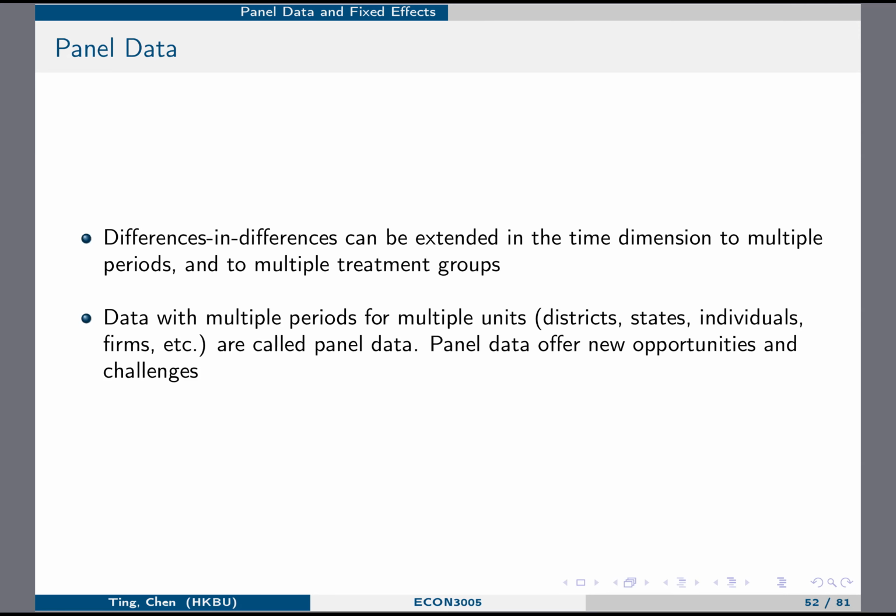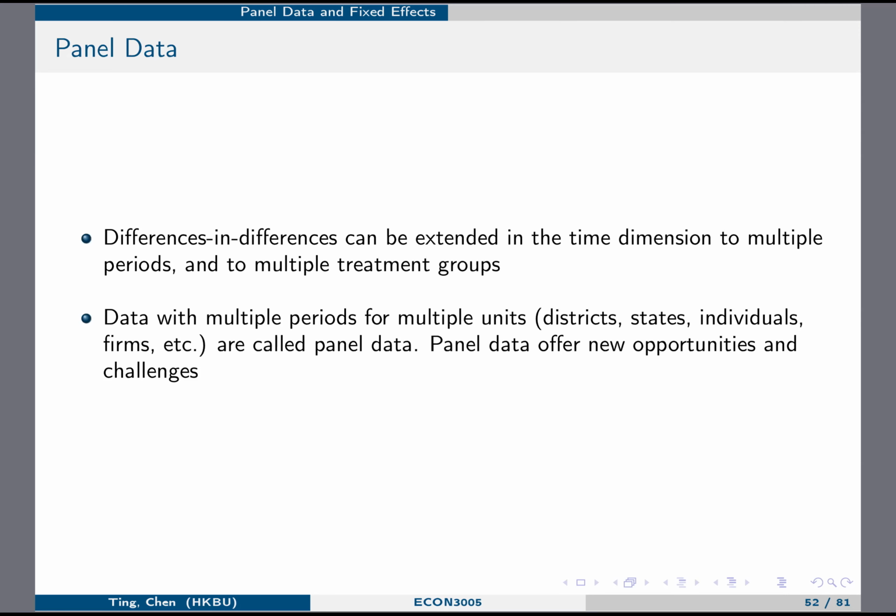So we actually have multiple firms over multiple years in this data set. So it's also panel data. Panel data is actually a very common form of data that we will deal with.